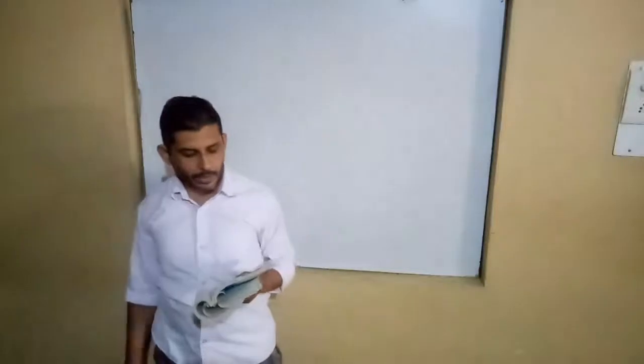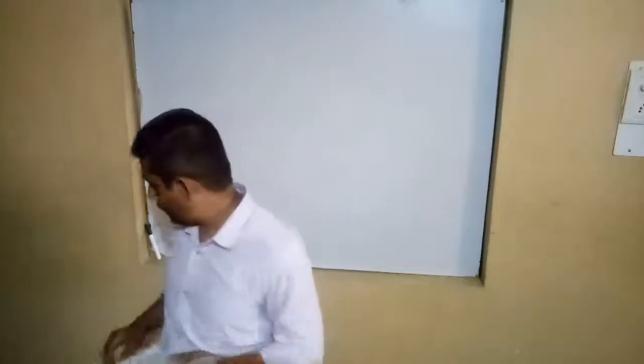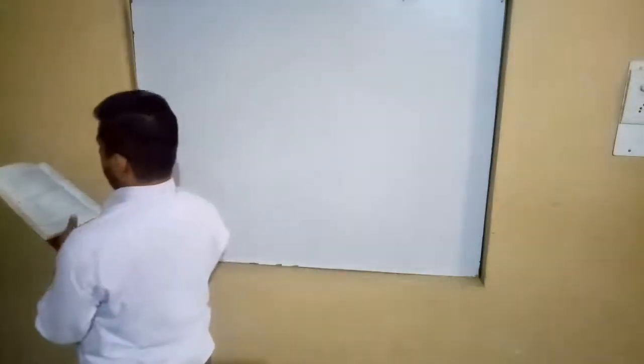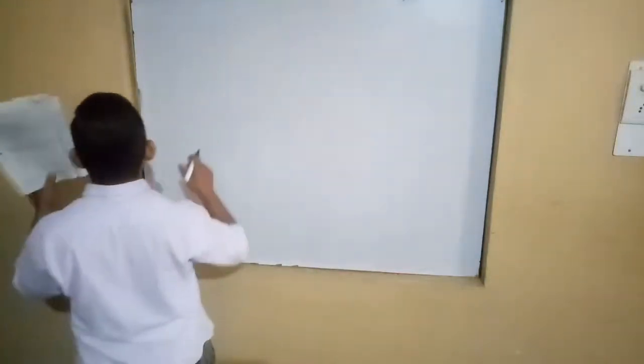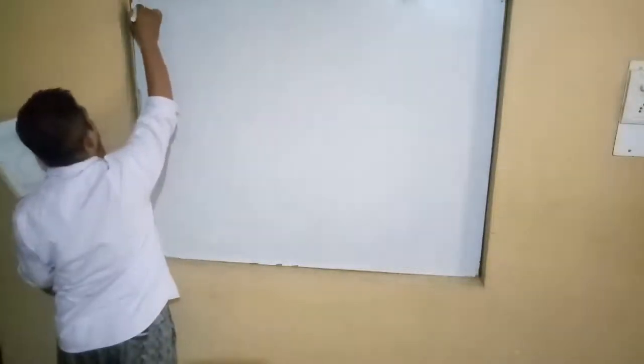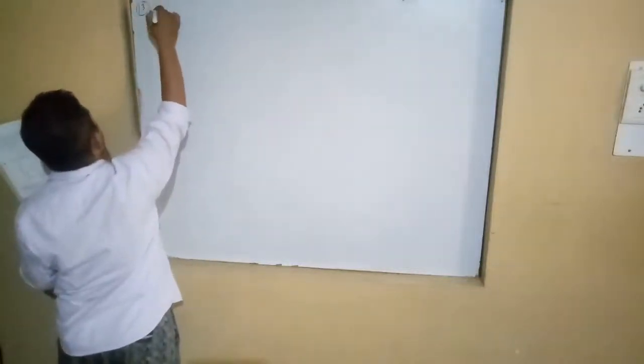Look at the 13. If 3 points lie on the line, we have to show something. So first we write the given thing in the 13th question.